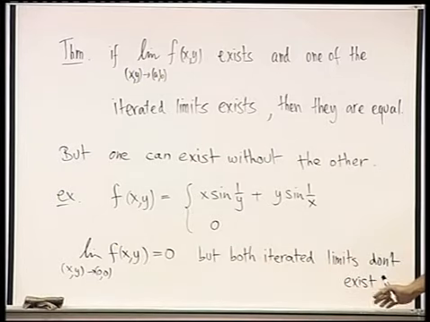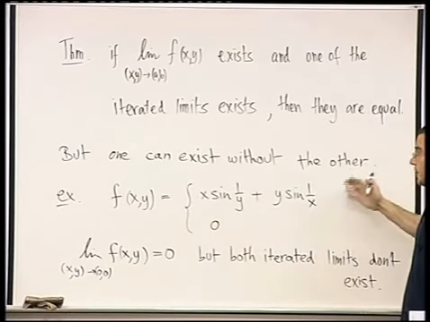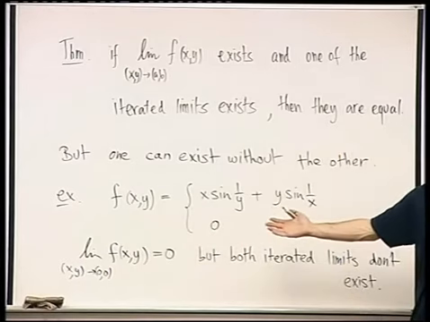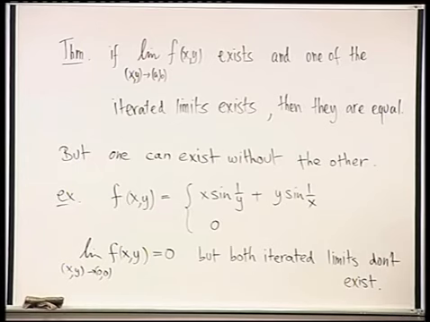Clear? Okay, so if you considered the iterated limit and tried to deduce anything from it about the limit itself, you'd get a wrong answer. The limit does exist. Clear?